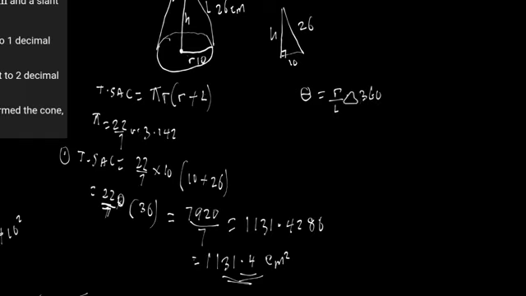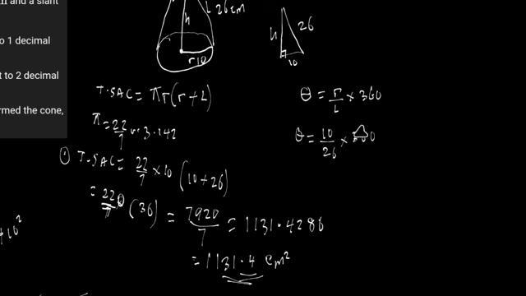Now, let's put it down. Our radius is equal to 10, and our slant height is equal to 26. So let's put it into this and multiply by 360, and we get our correct answer. Theta is equal to 10 divided by the slant height, 26, multiplied by 360.